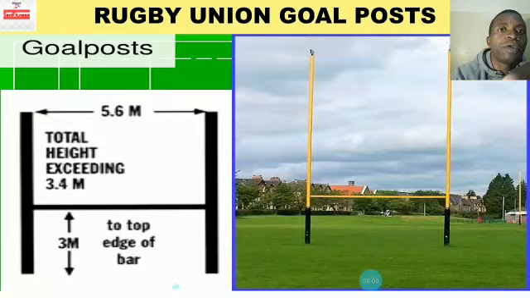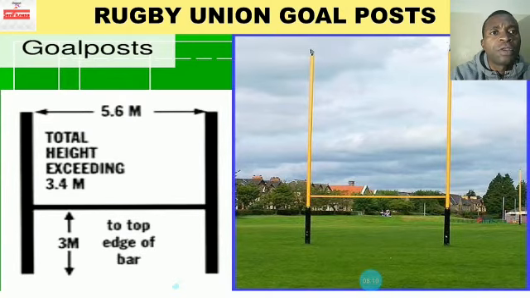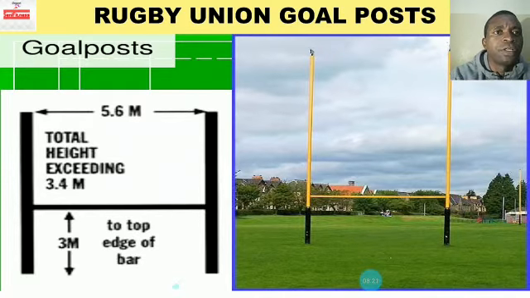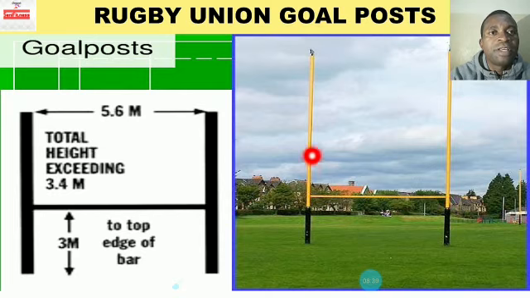Now quickly, let us look at the rugby union goalpost. From the ground to where we have this bar here, the distance is 3 meters. Then from the ground all the way up, the height of the post must exceed 3.4 meters.